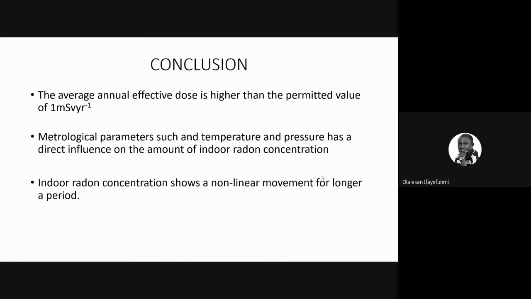In conclusion, the average annual effective dose is higher than the permitted value of 1 millisievert. Meteorological parameters such as temperature and pressure have a direct influence on the amount of indoor radon concentration. The indoor radon concentration shows a non-linear movement over a longer period.